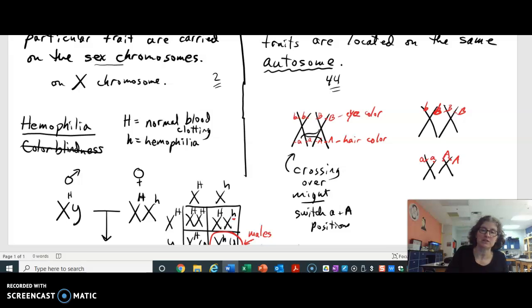So when you have linkage, this is linkage. This situation is linkage. Crossing over is the only way to get those in-between ones of the 9, 3, 3, 1, the 3 and the 3, where you're mixing up dominant and recessive traits. Only crossing over is going to allow that. Whereas over here, this is not linked.